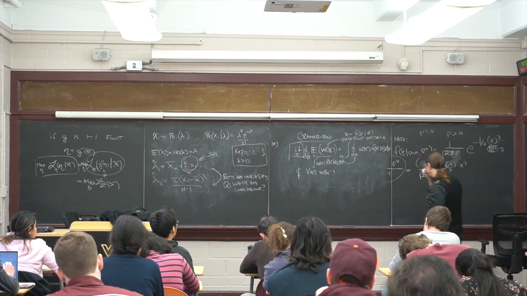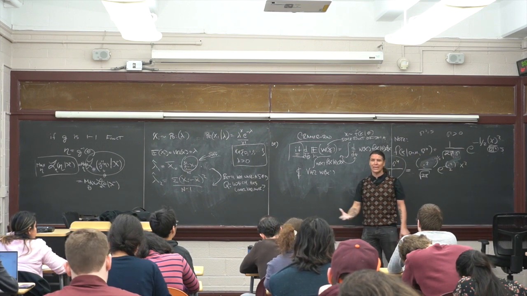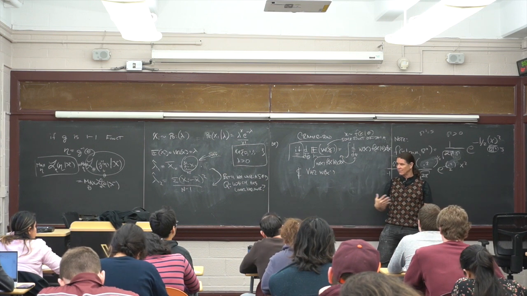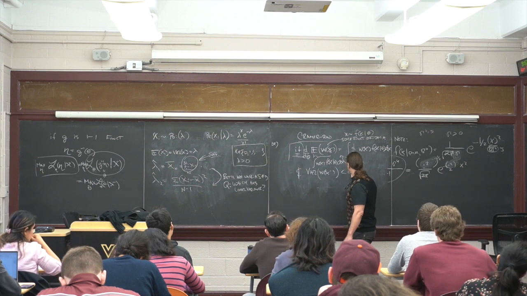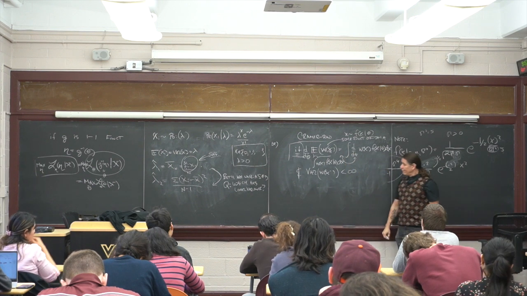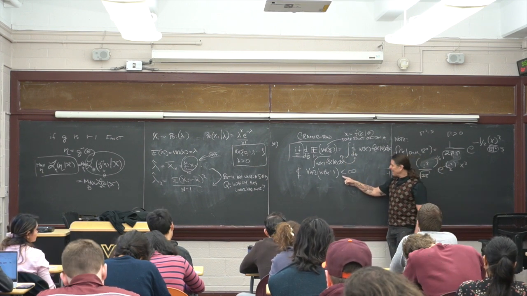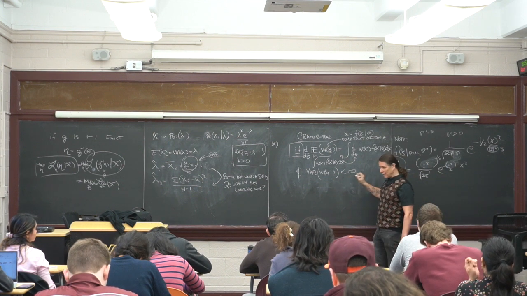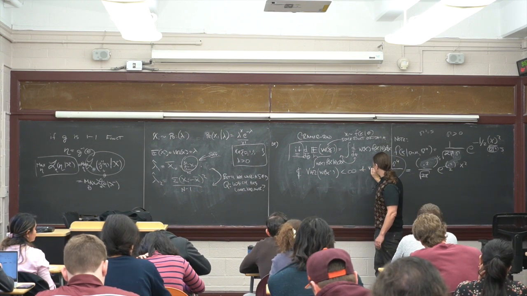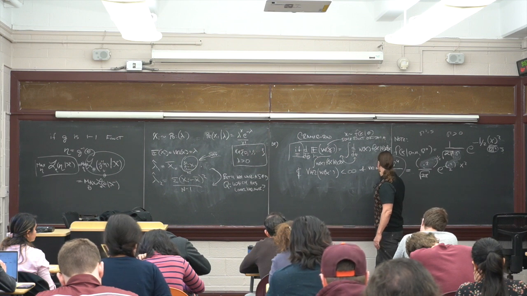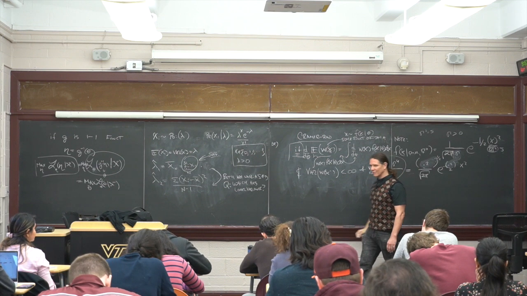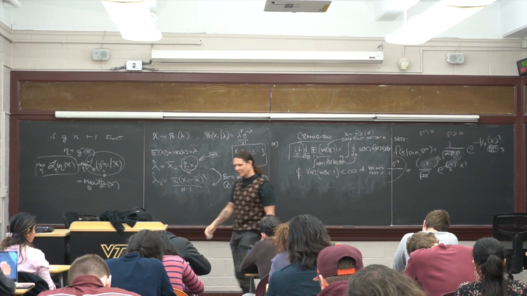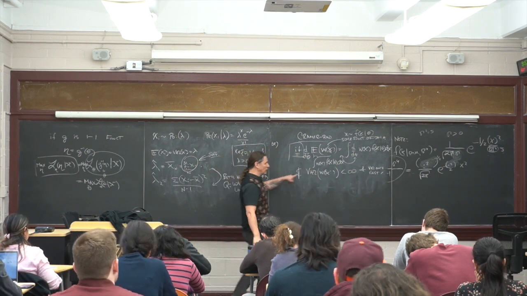All this is really going to end up telling me is there's something I can do with the data that minimizes the variance. We'll talk about that in a second. So if the variance of this is also finite, so it's not infinite, i.e. the variance exists. If we're going to try to minimize the variance on something, we probably should say that it exists. So this is an obvious condition.